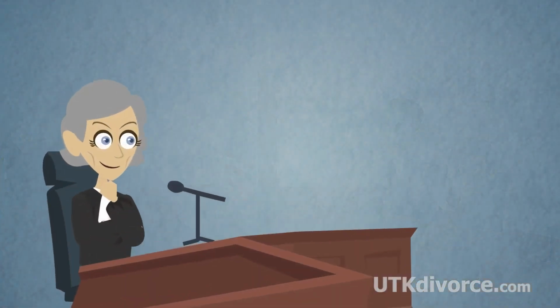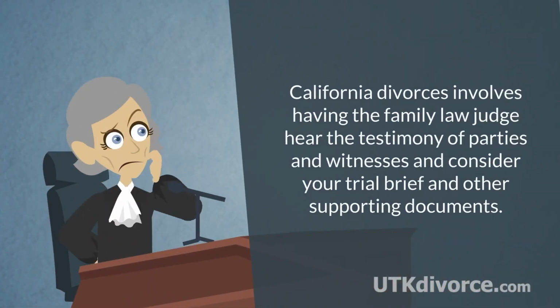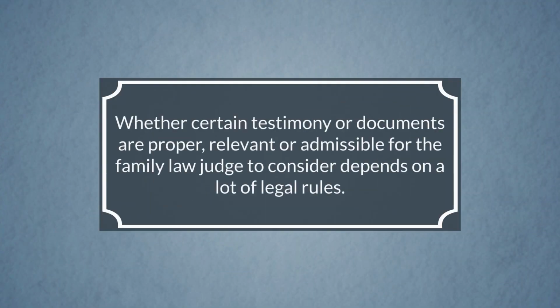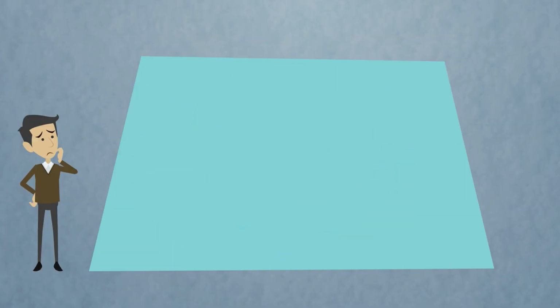California divorces involve having the family law judge hear the testimony of parties and witnesses and consider your trial brief and other supporting documents. Whether certain testimony or documents are proper, relevant, or admissible for the family law judge to consider depends on a lot of legal rules. The legal rules are as follows.